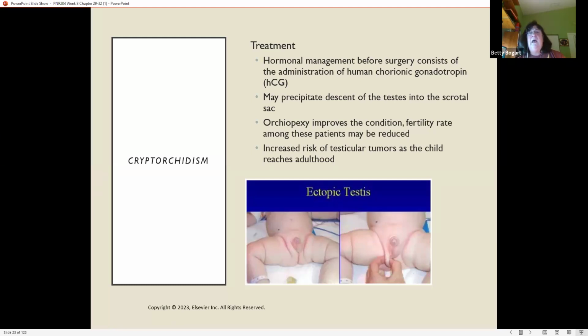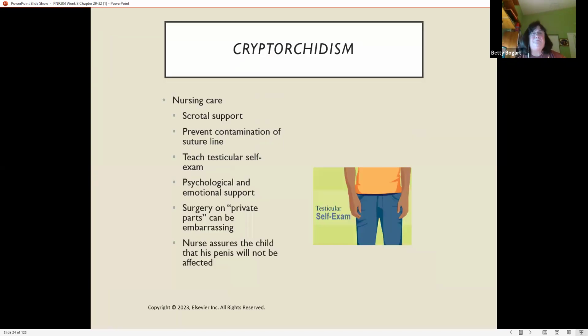Okay? Now, orchiplexy improves the condition and fertility rate. That means a fixing of the testicles, making sure they're where they need to be. Postoperatively, you've manipulated the testicles. They're in a sac. What they do is they put a scrotal support, and actually, when you're laying, they sort of hold it up so they're not going to swell, okay?